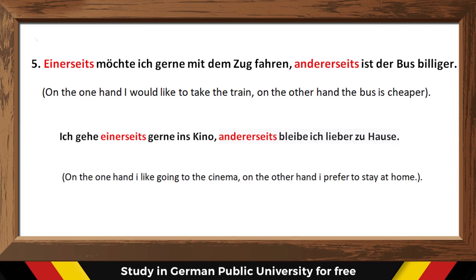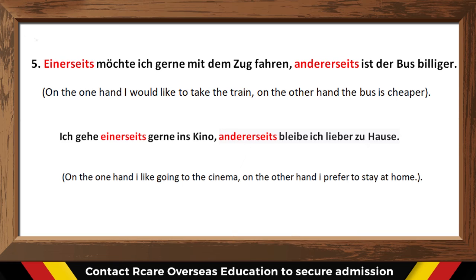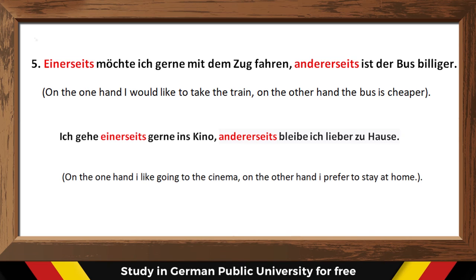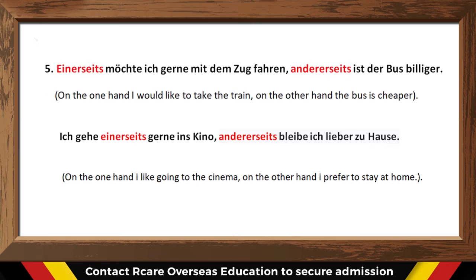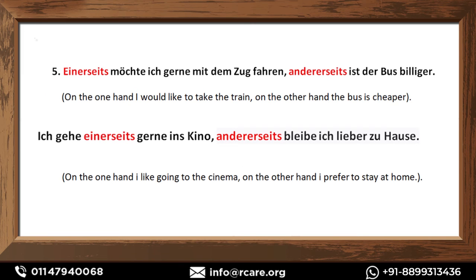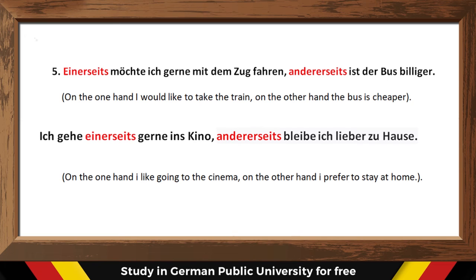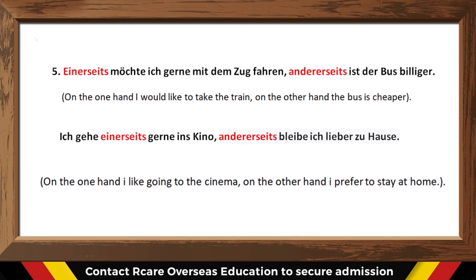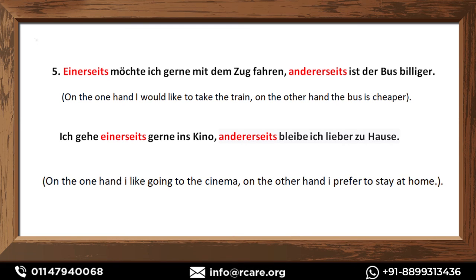Einerseits möchte ich gerne mit dem Zug fahren, andererseits ist der Bus billiger. On the one hand, I would like to take the train, but on the other hand, the bus is cheaper. Ich gehe einerseits gerne ins Kino, andererseits bleibe ich lieber zu Hause. On one side, I like to go to the cinema, on the other hand, I prefer to stay at home.